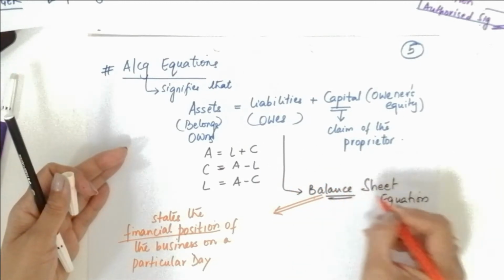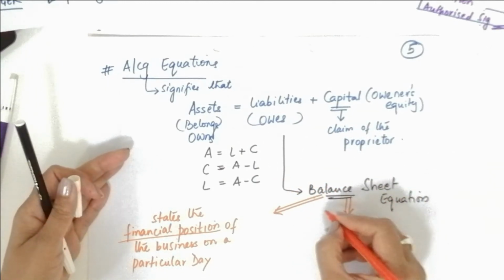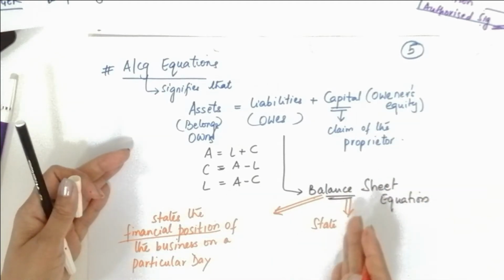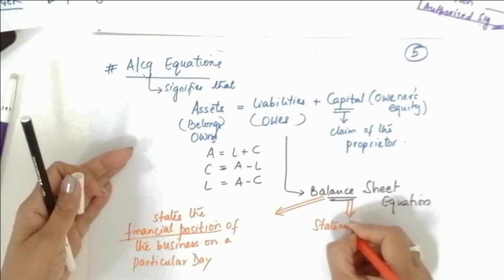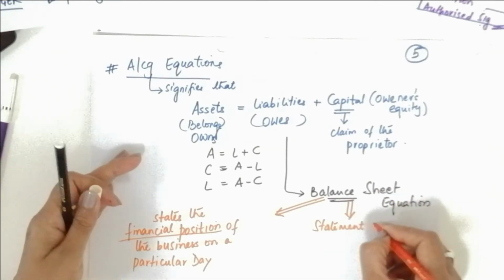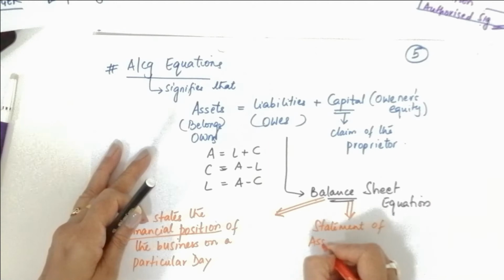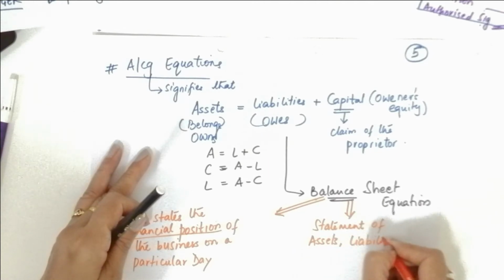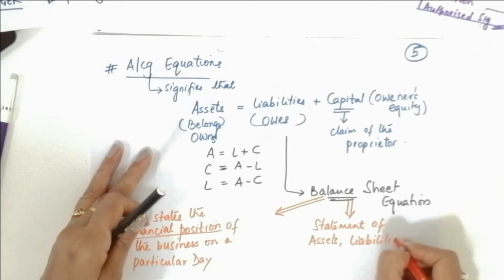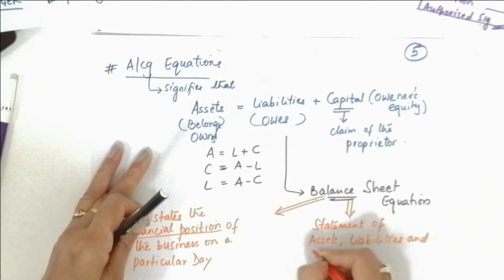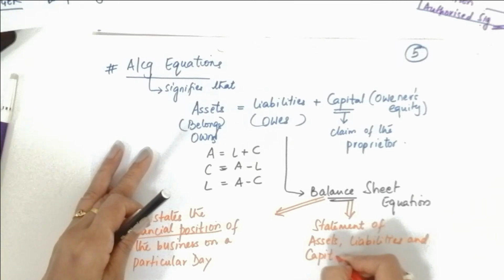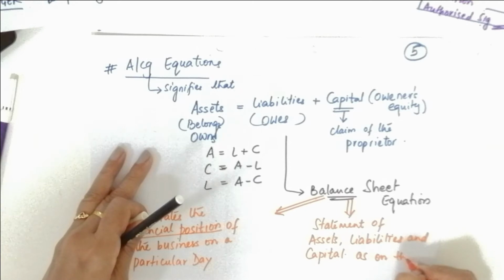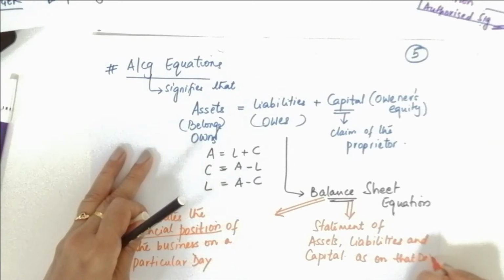So balance sheet, in other words, you can say, is a statement. We always say statement because it's prepared as on that day. It is a statement of assets, liabilities and capital, again, as on that day.